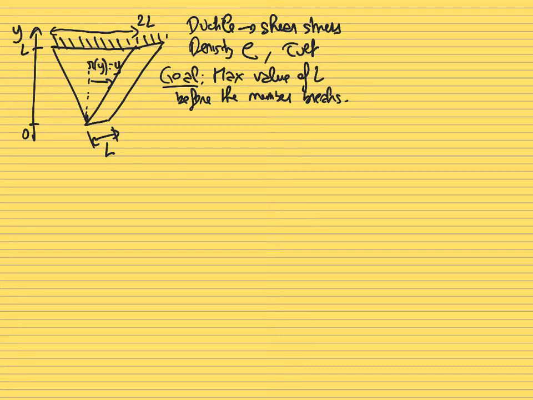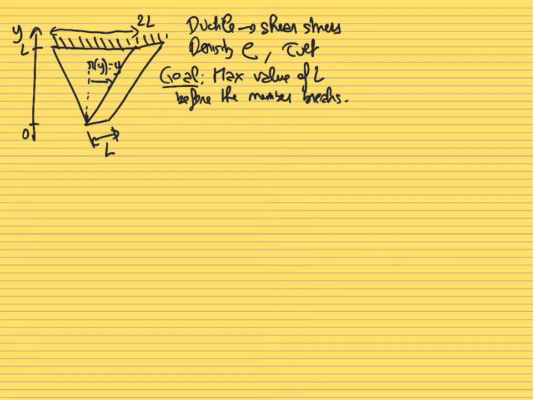So for this, we will need to first determine the state of stress for this problem. It's an axial load problem, so we need to calculate the internal load, and based on this, get the internal stress. And in this case, we don't know directly where the member is going to break, like at which position y it is likely to break. So first, we will need to calculate the internal load as a function of y.